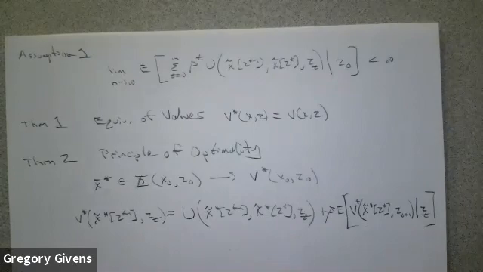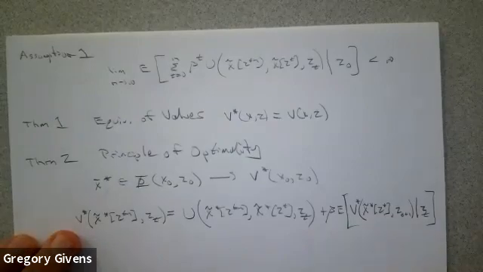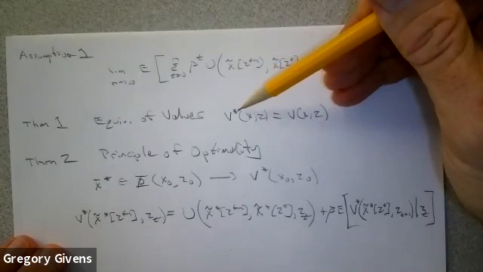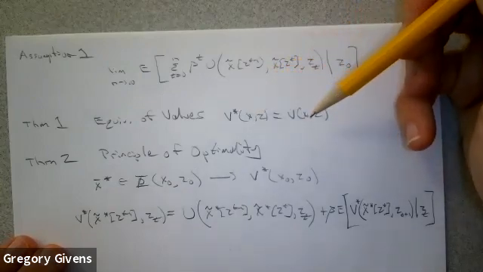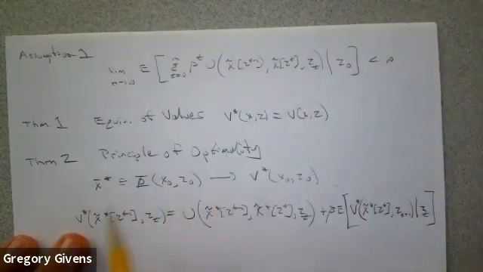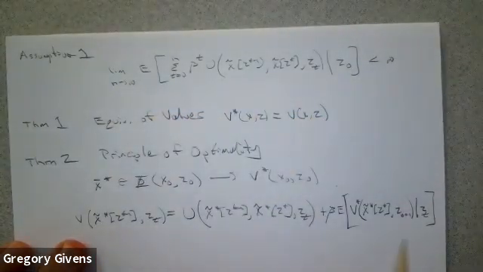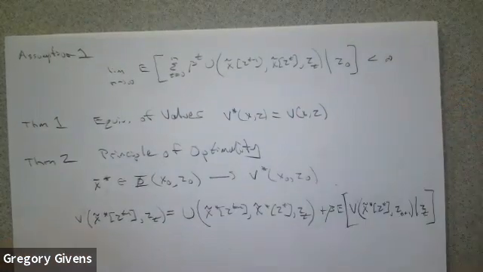Okay. Now, why is that useful? Well, in view of the fact that Theorem 1 gives us that the optimal value of the sequence problem is equal to the optimal value of the functional equation, then if the principle of optimality says that we can break up the sequence problem like this, that means V is equal to U plus beta expected V conditional on Z, right?